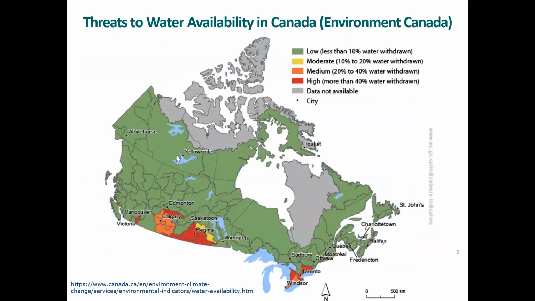Going back to, I guess I meant to put this slide earlier, in terms of where there are threats to water scarcity in Canada. I can't remember if I showed you this map before or not, but there are parts of Alberta, down here. If you've ever been down in this part of Alberta, to Lethbridge or Medicine Hat, you probably know it's pretty dry there.